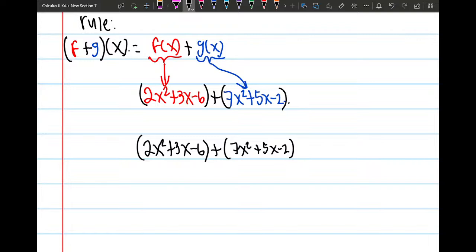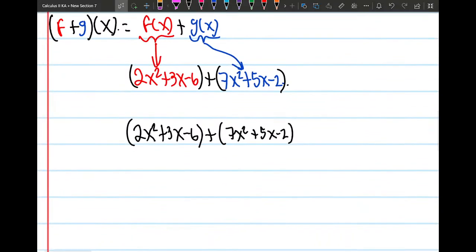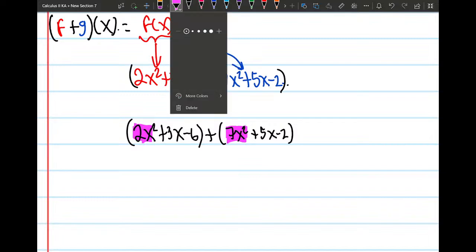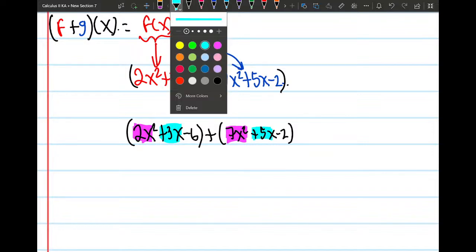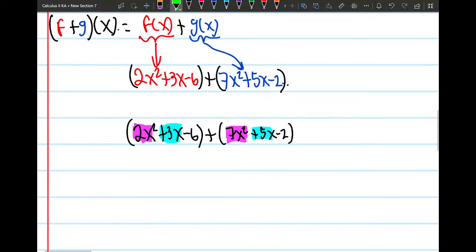And so from here, we can go ahead and combine like terms using algebra. So we have a 2 and a 7. We also have a 3x and a 5x. So 2x squared, 7x squared, 3x, 5x. And then we also have a -6 and a -2.